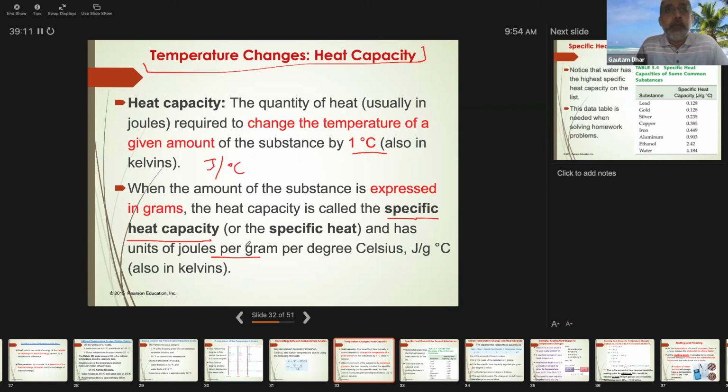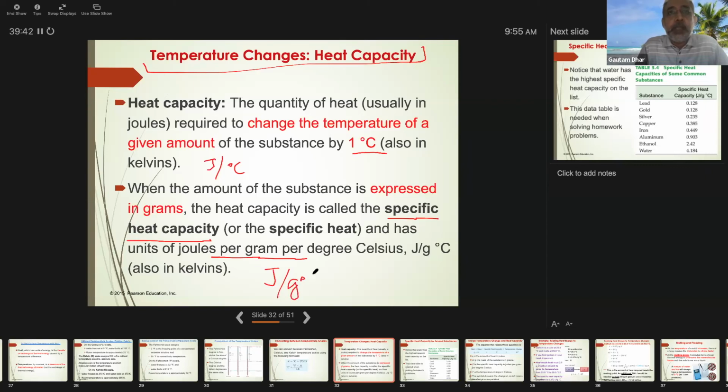But if we specify per gram how much, then you can compare, right? So if you take a block of iron that is, let's say, 100 grams, and another of 10 grams, they will absorb different amounts. They will have different heat capacities. But the specific heat capacity per gram will always be the same. So this has a unit of joules per gram per degree centigrade.